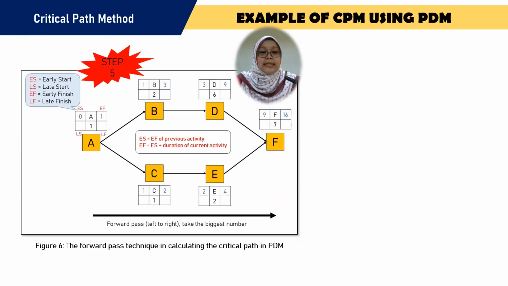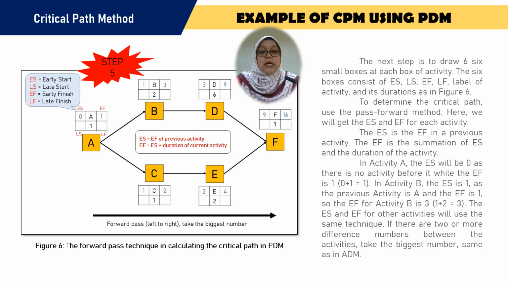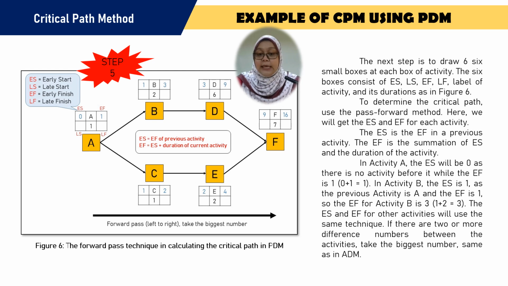And we go to the next step, which is to find the critical activities. So we do the forward pass, from left to right, and we have to take the biggest number, the same as the process in CPM using ADM. But in PDM, we have 4 dependencies: early start, late start, early finish, and late finish.